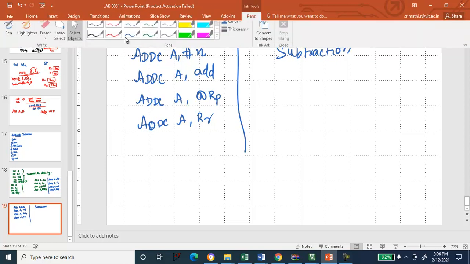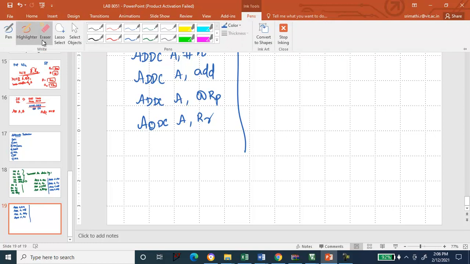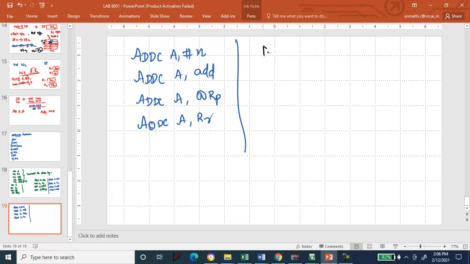Then multiplication and division. For multiplication, we have MUL AB. Only these two registers can be used for multiplication. So multiply A and B. If you multiply 8-bit and 8-bit, you will get a 16-bit result.